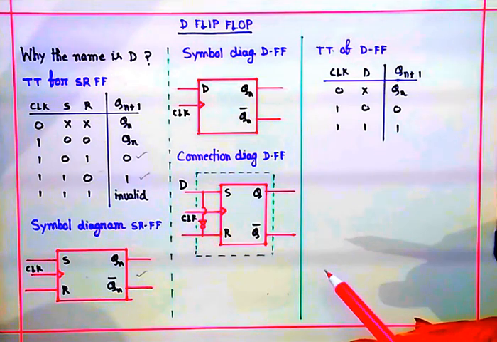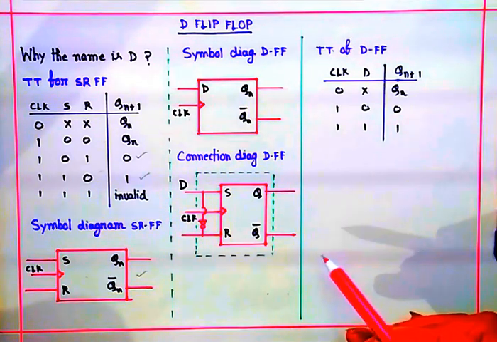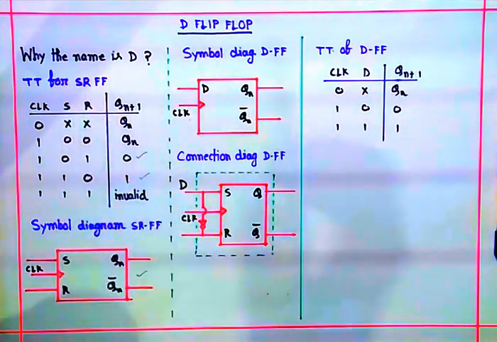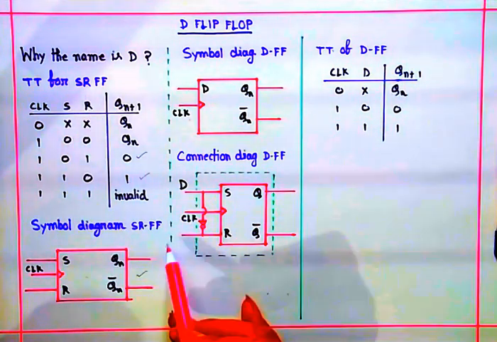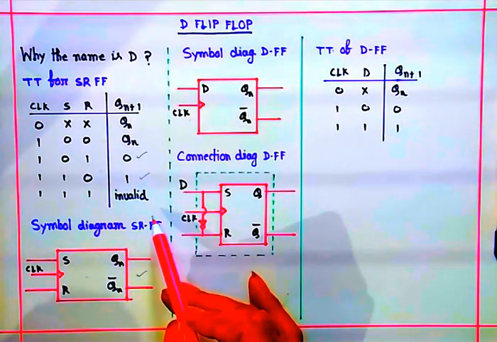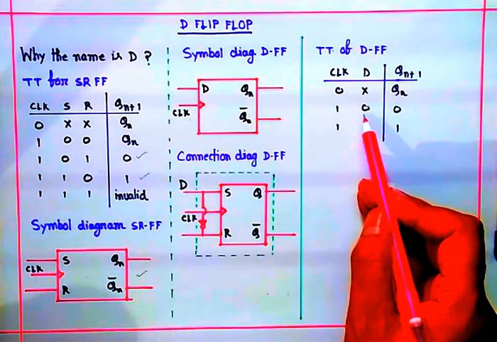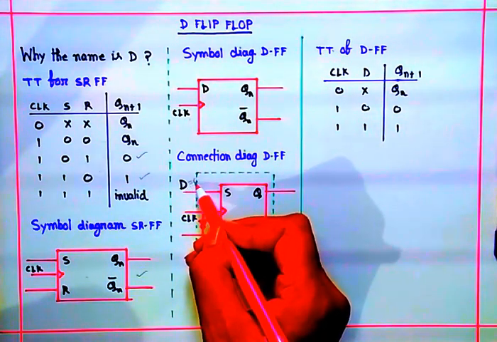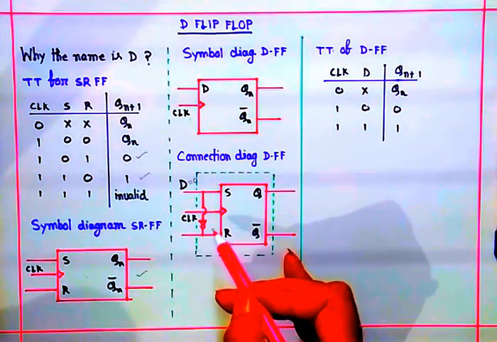Again we can construct the truth table of D flip-flop from truth table of SR flip-flop. See that here is your input D. When you are giving D equals to 0, then what will happen?